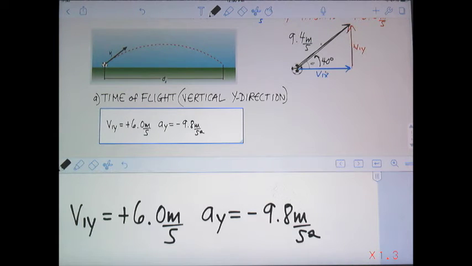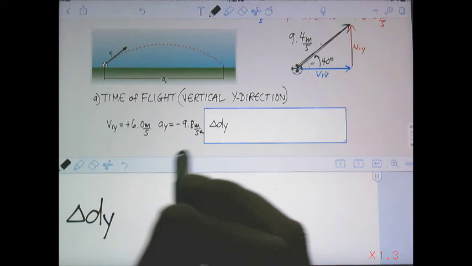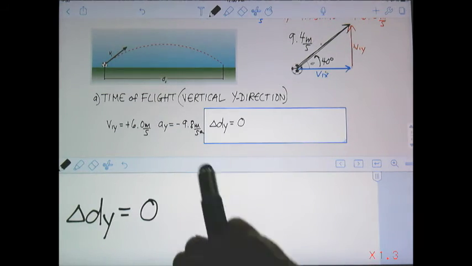And there's another piece of information. I want you to look at the vertical displacement of this soccer ball. So this soccer ball travels up in the air to a certain height, then back down. So what's its change in height at the end of its trip? 0. This object, because it returns back down to the same height, its vertical displacement is 0.